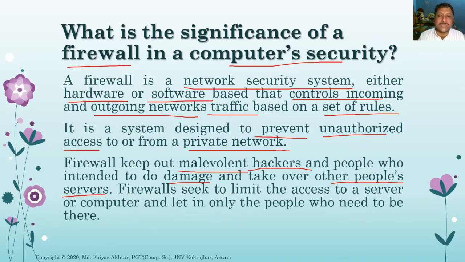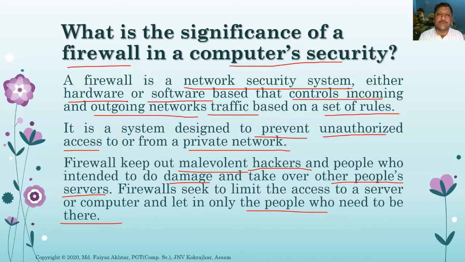So firewalls seek to limit access to a server or computer and let in only the people who need to be there. Only an authorized person can access the system. This is the work of a firewall. It is also available with the operating system. We all have a firewall installed in our computers, so we need not purchase any particular software.